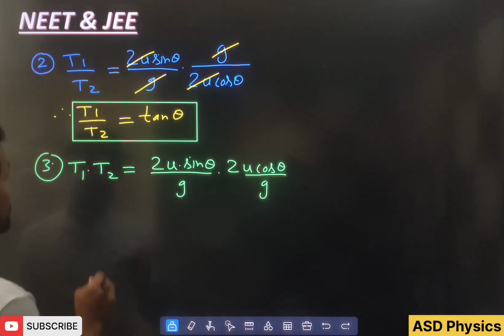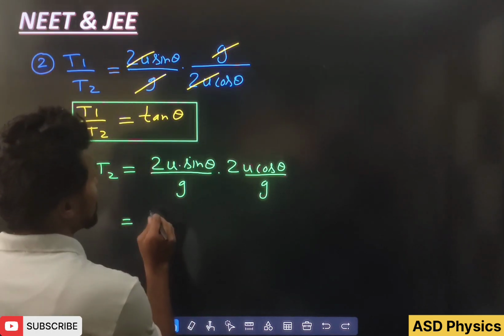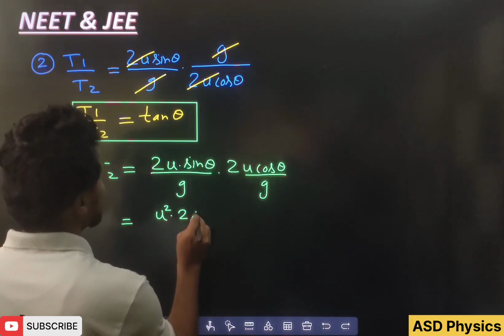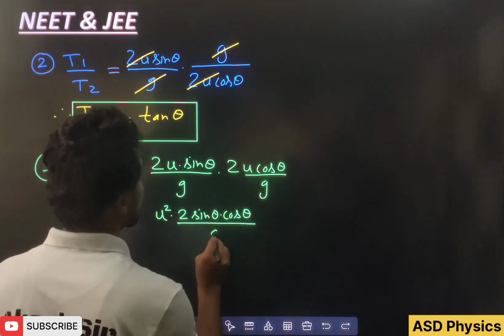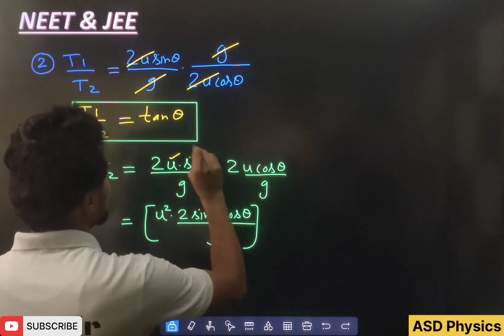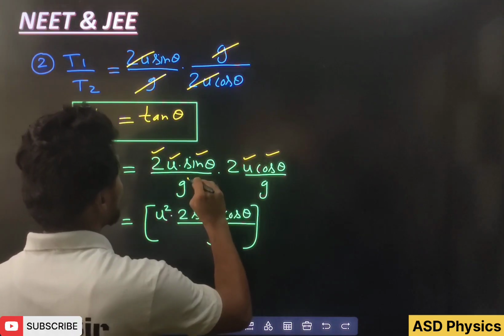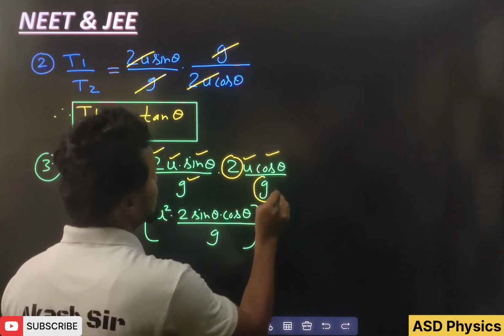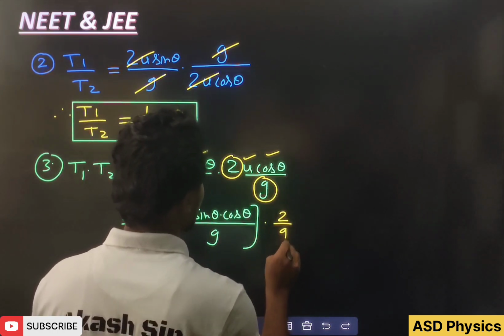Now again I can write it as u square, 2 sine theta cos theta by g. I have taken u, u, 2, sine theta, cos theta, and one g, and what will be left here is this 2 and this g. So it will become 2 by g here.